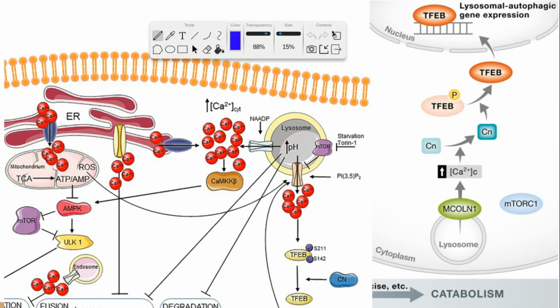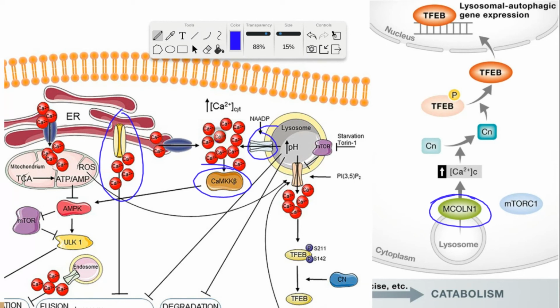There's also evidence that calcium modulates autophagy. So calcium flux derived either from IP3Rs right here or even from lysosomal channels, these are called mCoL-N1 channels. Wherever the calcium comes from, it can activate CaMKK beta. CaMKK beta is a protein activated by calmodulin.